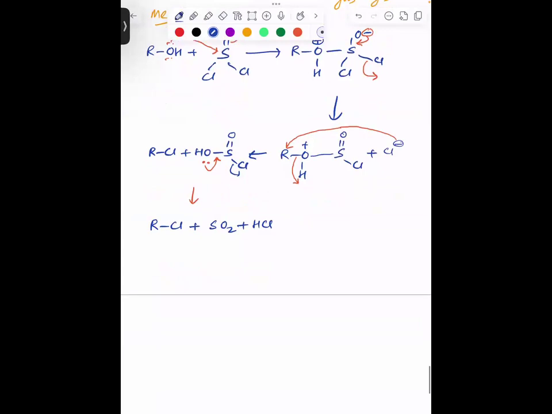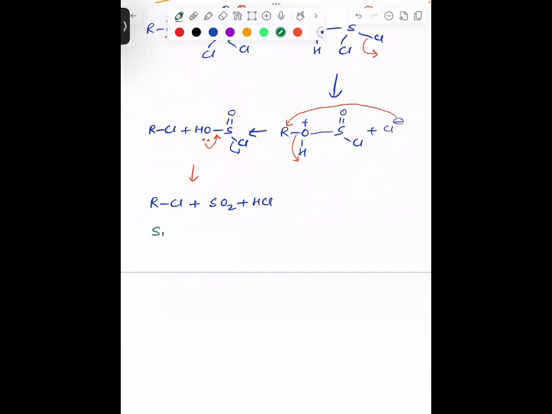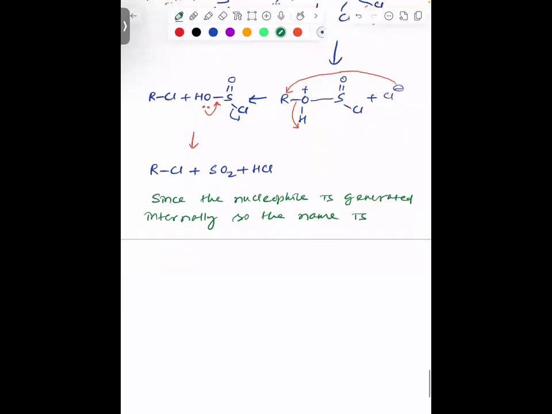Next is why the name is internal. Since the nucleophile is generated internally, the name is nucleophilic substitution internal reaction.